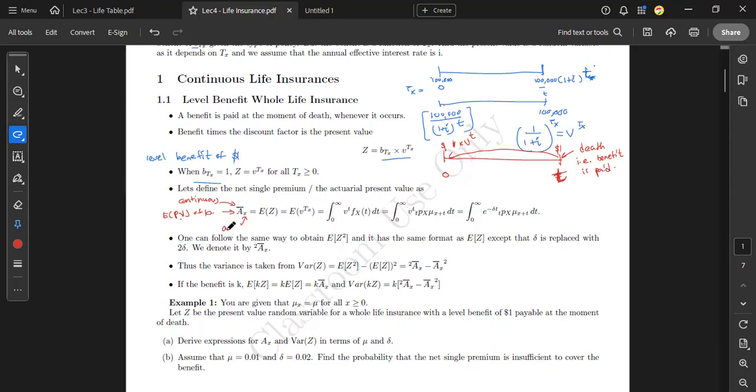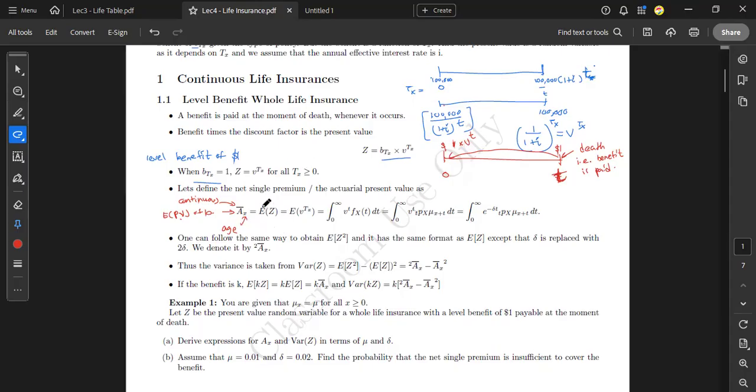This is age. Since we don't have any other kind of symbols after X, it indicates it is for the whole life. So this is continuous whole life insurance.